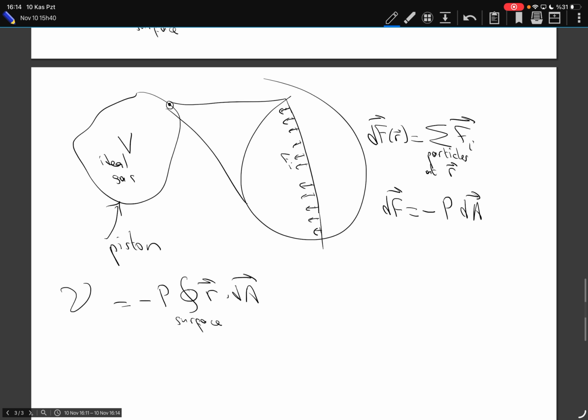But now I can use the divergence theorem. This is nothing but minus P times the integral of the divergence of R over the volume. But the divergence of R is just 3. So the virial, at least for this particular case, is minus 3 times P.